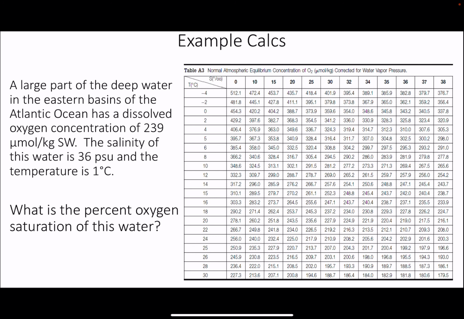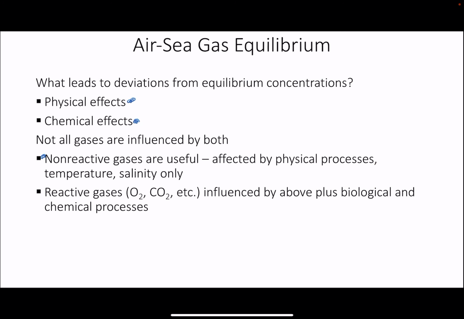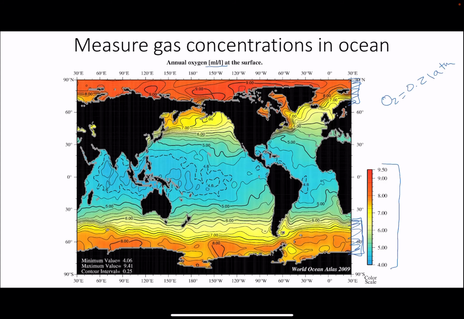So what this means, I'm just going to go back for a second. Oxygen is influenced by temperature, but as I've said, it's also influenced by biological and chemical processes, right? So in surface oxygen, places where you have a lot of photosynthesis and a lot of productivity are going to release oxygen.